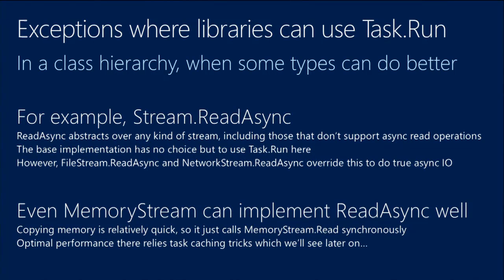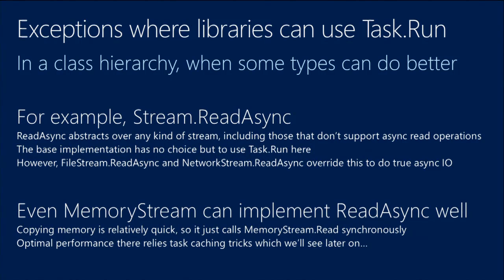And in .NET 4.5, we introduced a virtual method stream.readAsync, because some streams, like file stream or network stream, really should have a read async method. But not all streams will implement read async with true async. Maybe we have some streams that were written back in .NET 4 where they didn't even know about this method, so of course they didn't override it.